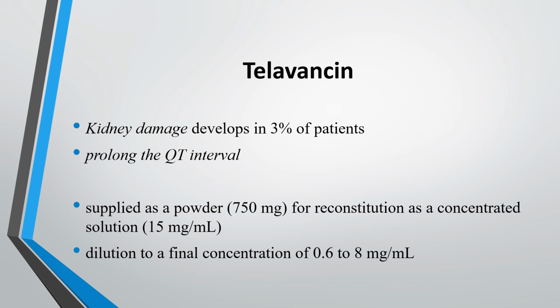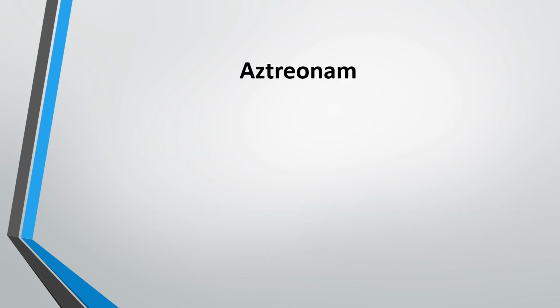Telavancin is supplied as a powder for reconstitution, followed by dilution to a final concentration of 0.6 to 8 milligrams per ml.